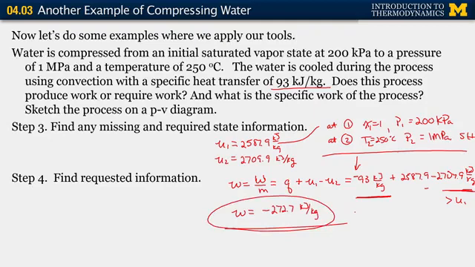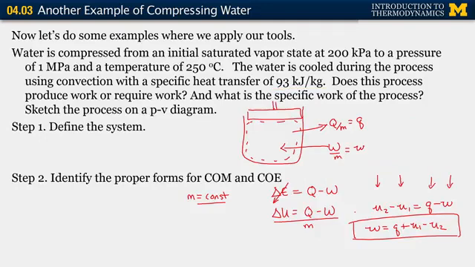What does that mean? That means work in is the correct assumption here, because recall back up here, we assumed work in, okay?